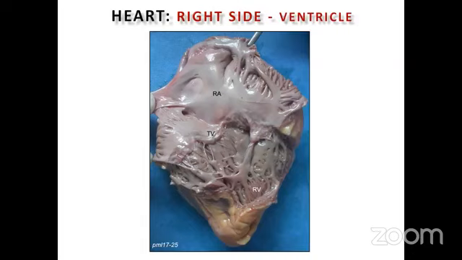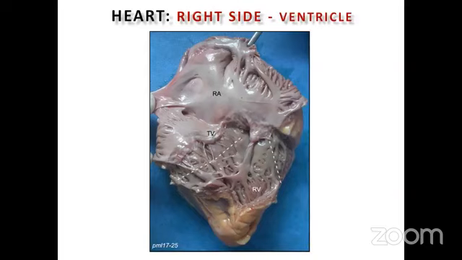So the moment we see this appearance of a ventricular chamber, whether it is located on the right side or the left side, you have to identify it as the right ventricle. It can be connected to the left atrium or it can be connected to the aorta. It does not matter. But the moment you see this morphology, you have to call it the right ventricle.